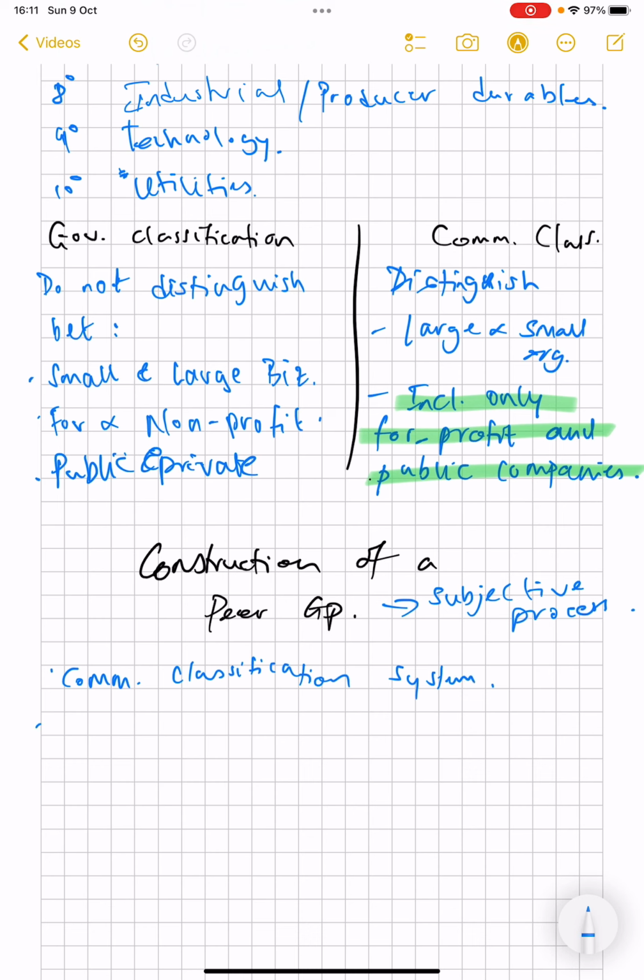You're going to review companies' annual report for discussion of a competitive environment, and identify comparable companies.